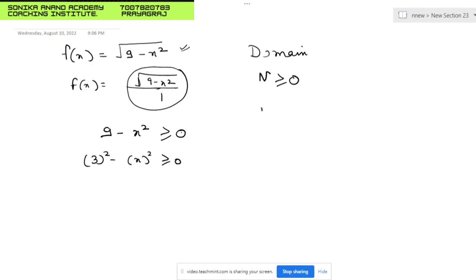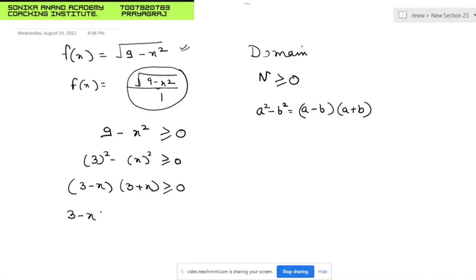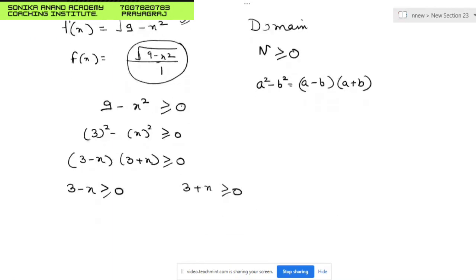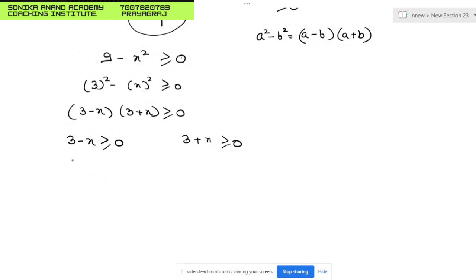Using the formula a square minus b square equals (a minus b)(a plus b), we get (3 minus x)(3 plus x) greater than or equal to 0. So 3 minus x must be greater than or equal to 0, and 3 plus x must be greater than or equal to 0. From here we find the two values of x.